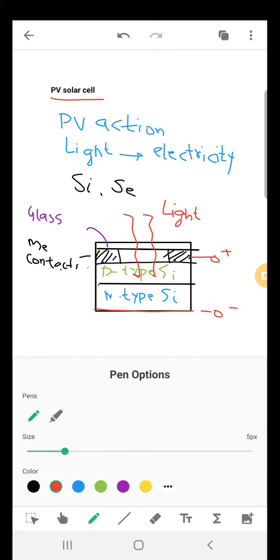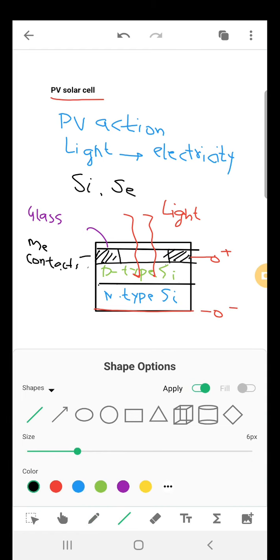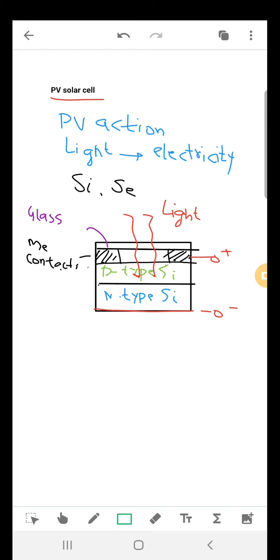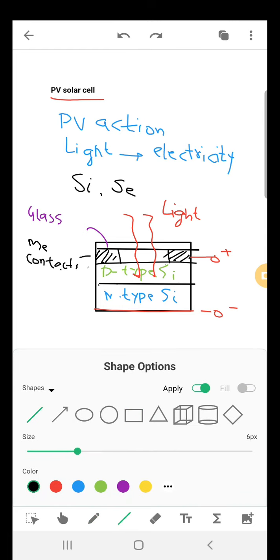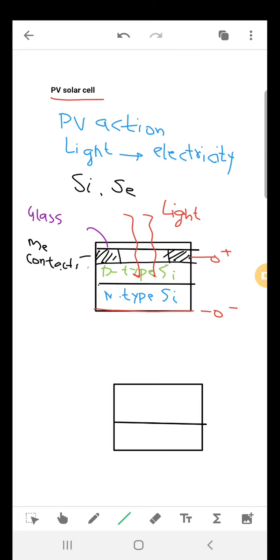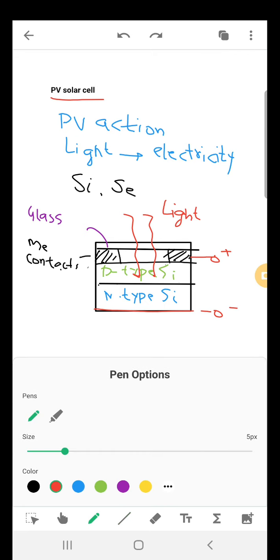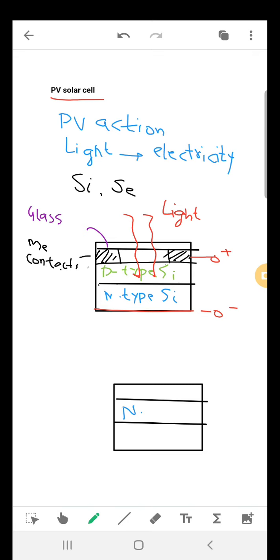Another way of forming it is, instead of using an N-type semiconductor, to use a P-type semiconductor at the base. So this is a P-type semiconductor, and this is an N-type semiconductor, and you have a semiconductor junction here.